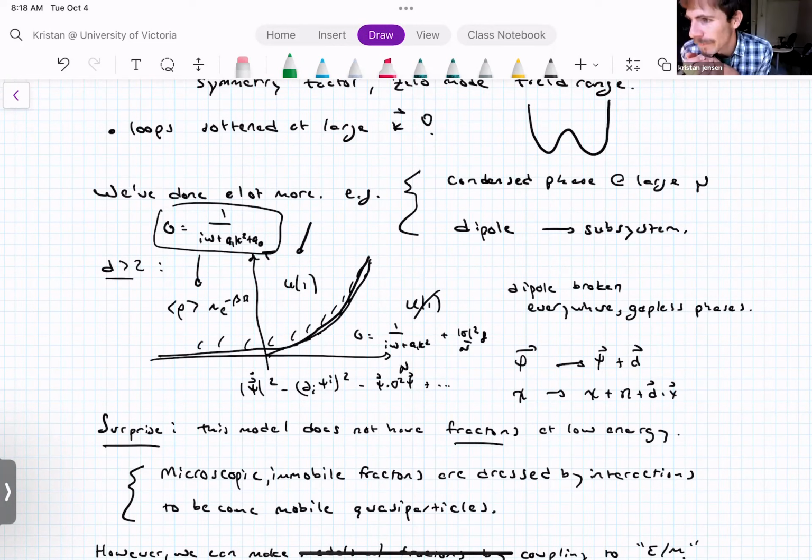It doesn't decouple from the infrared. And it has non-trivial dimension. So a naive dimensional analysis where you just keep t and mu and nothing else is insufficient, at least in this model. I see. Okay.